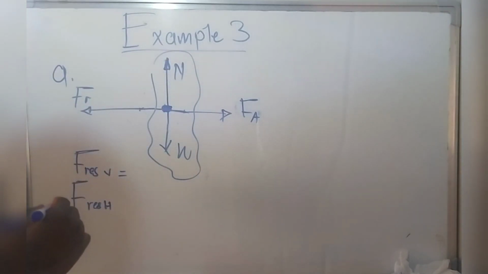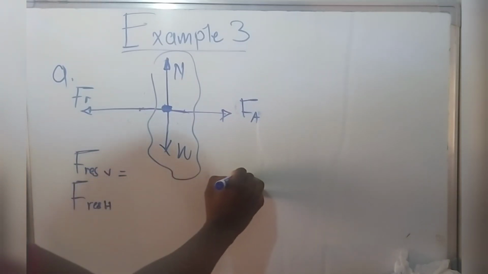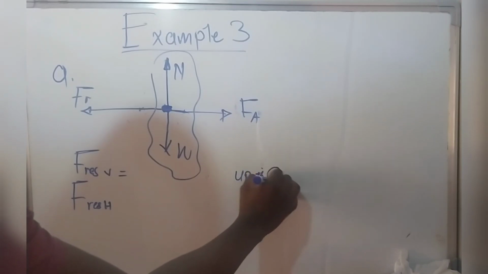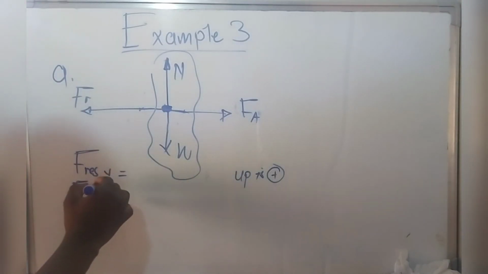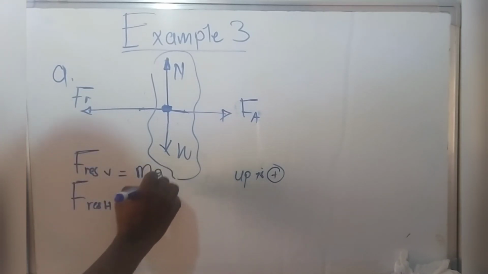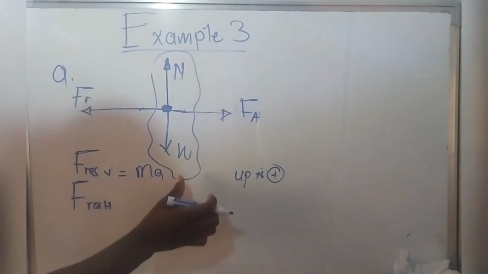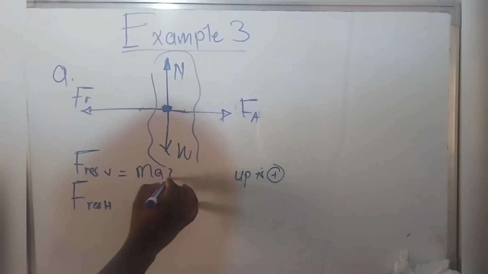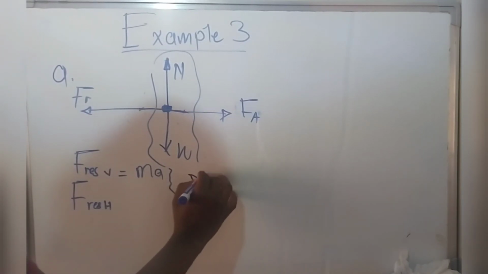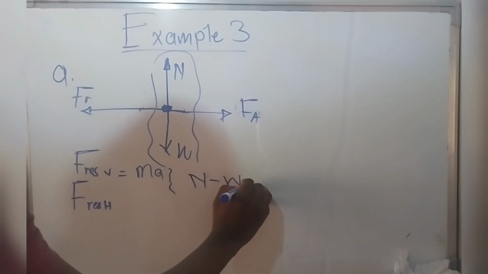For this one, let's say up is positive. We know that the resultant force is always equal to the mass times acceleration. So F resultant is equal to the normal force minus the weight, which is equal to ma.